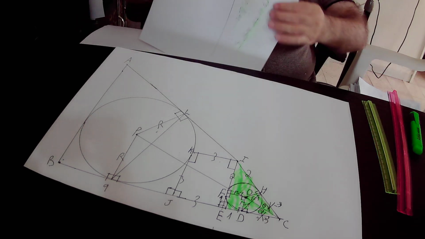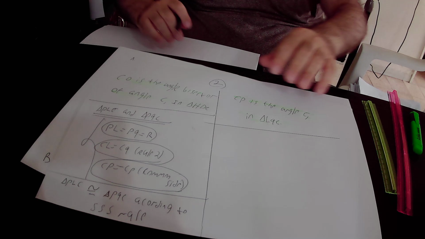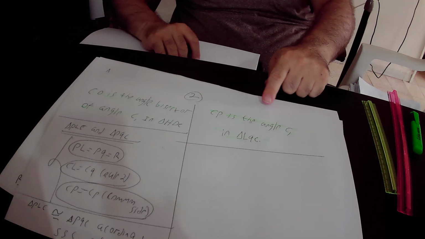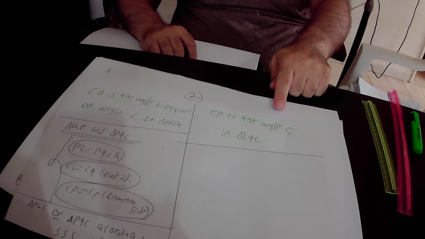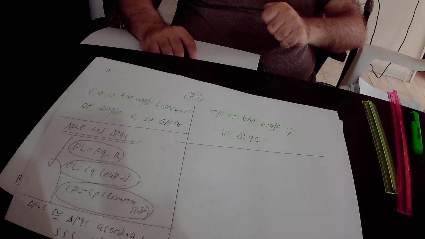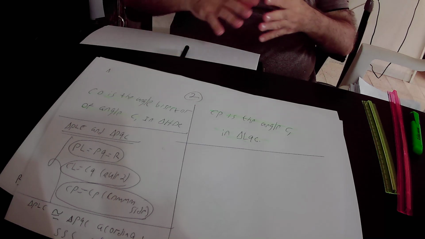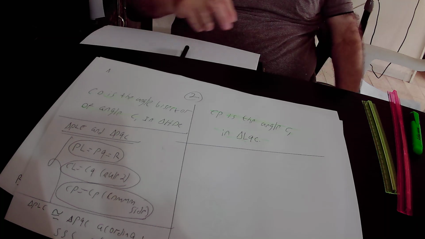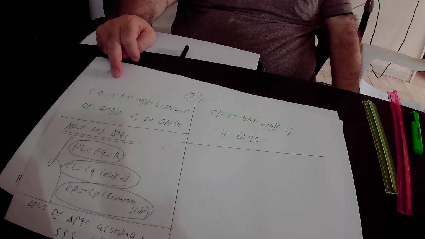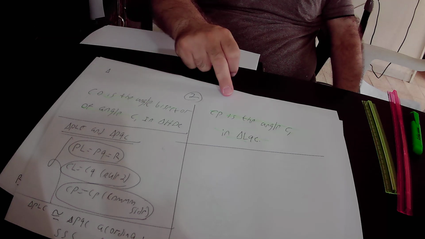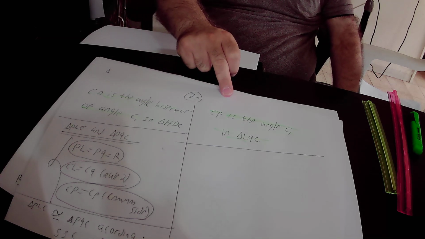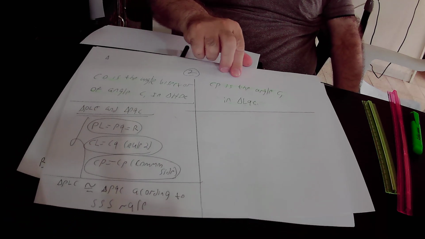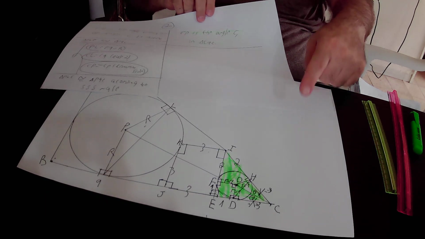I'll repeat again: CP is the angle bisector of angle C in triangle LQC. So we actually found out that angle C has two angle bisectors, CO and CP. They are both the angle bisector of the same angle, this angle C.